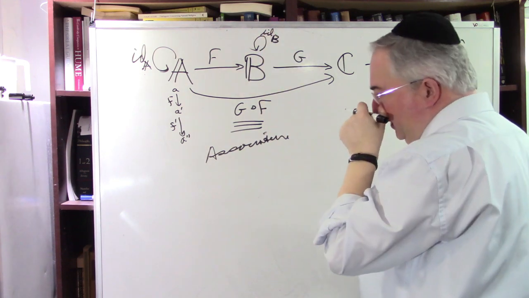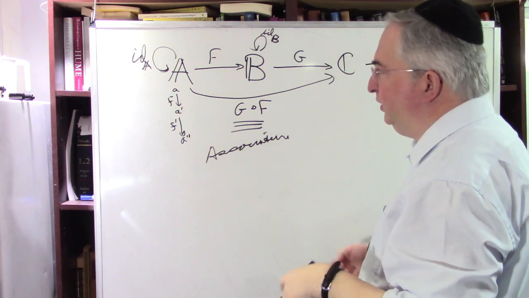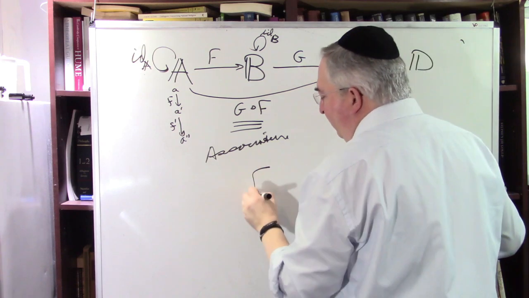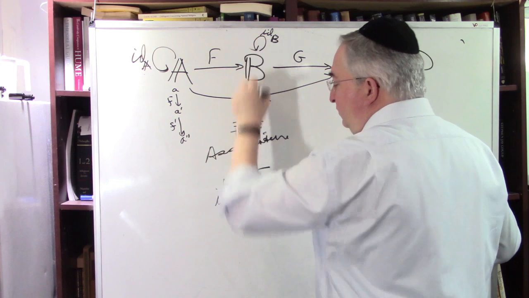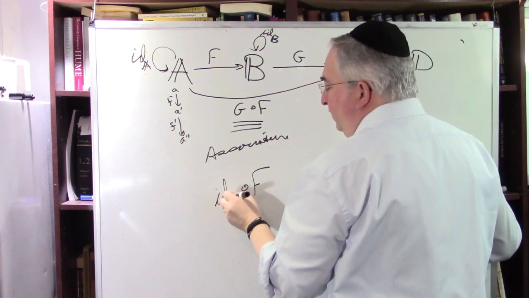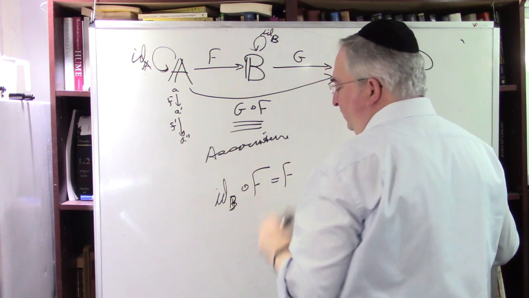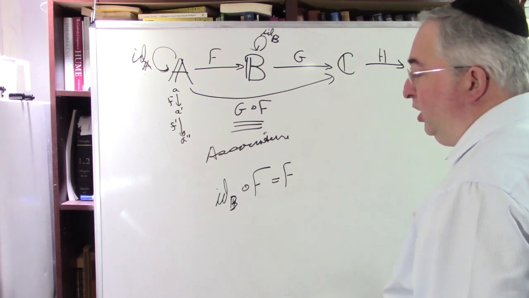And the identities act like a unit. They act the way they're supposed to. So F composed with the identity, first do F, then do the identity on B, is equal to F. So it acts the way it's supposed to.